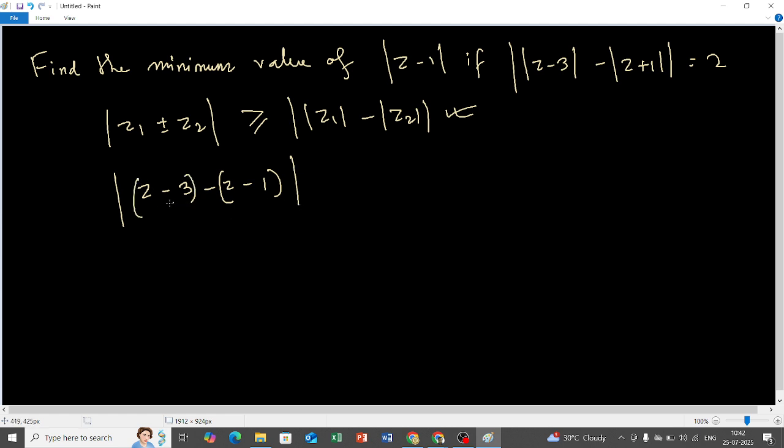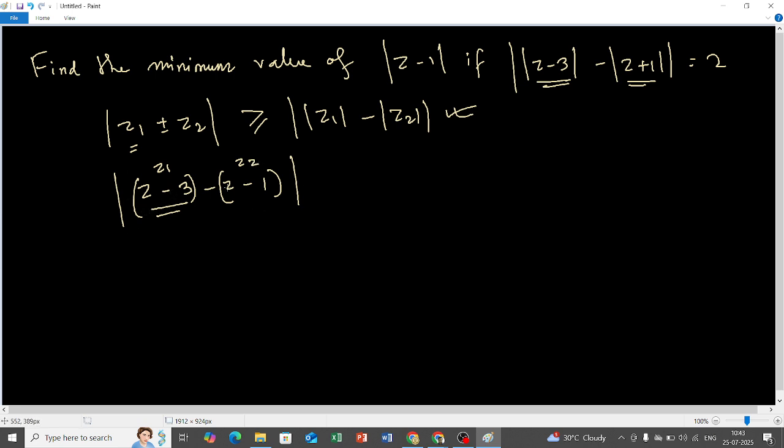I am taking this z1 as z minus 3, and instead of plus I am using minus, and instead of z2 I am using z minus 1, so as to bring this expression. So this is my z1 and this is my z2.